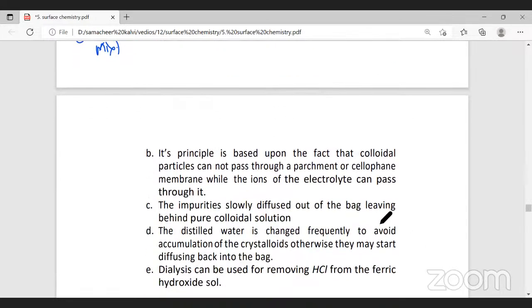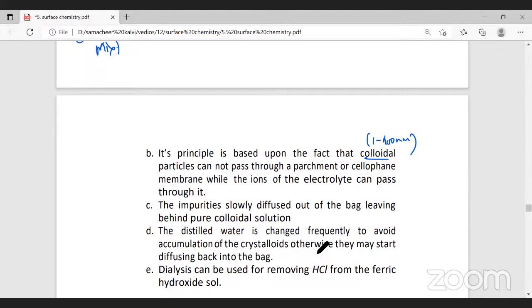Its principle is based upon the fact that colloidal particles cannot pass through a parchment paper or a cellophane membrane, while the ions of the electrolyte can pass through. Ions of the electrolyte are very small. Colloids have a particle size of 1 to 100 nanometers, so they cannot pass through the parchment paper bag or any semi-permeable membrane. The impurity slowly diffuses out of the bag, leaving behind the pure colloid.